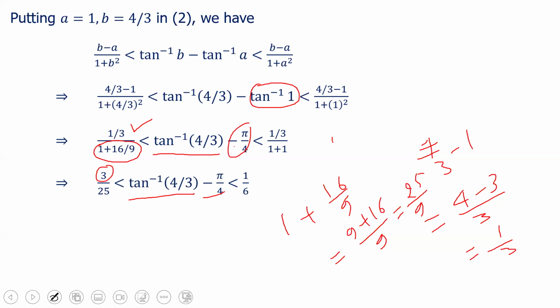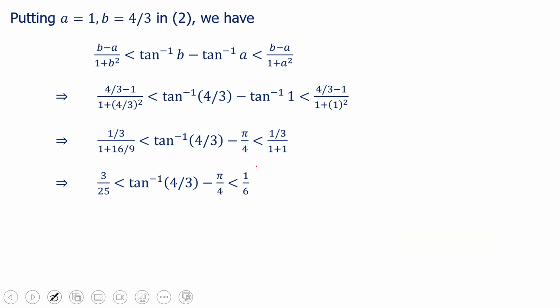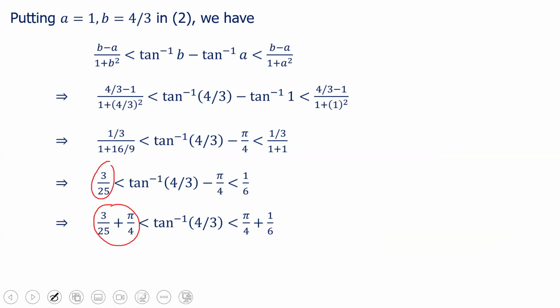So 1 by 3 upon 2, so 1 upon 6. Now, if we add pi by 4 to each and every term, then 3 upon 25 plus pi by 4, tan inverse of 4 by 3 plus pi by 4 minus pi by 4, which will become 0, is less than pi by 4 plus 1 upon 6.